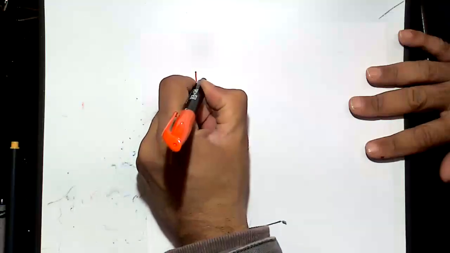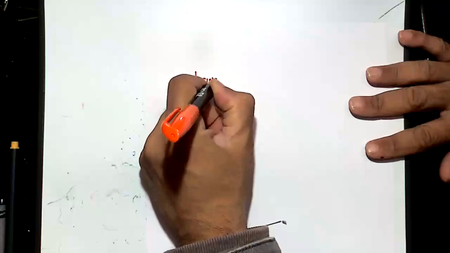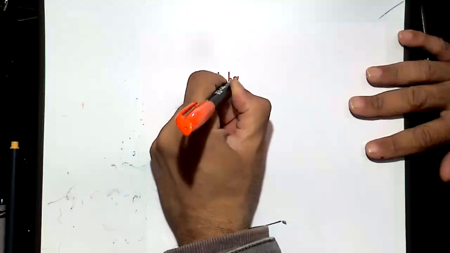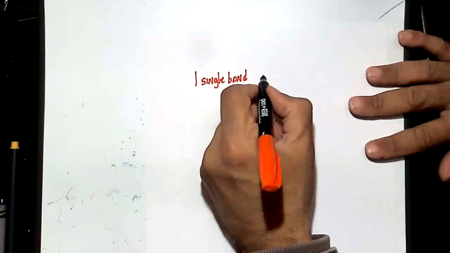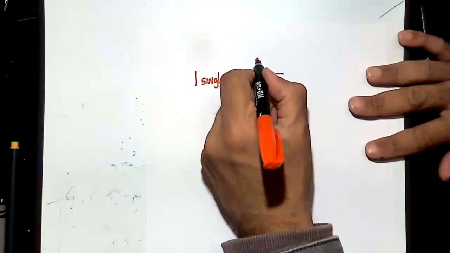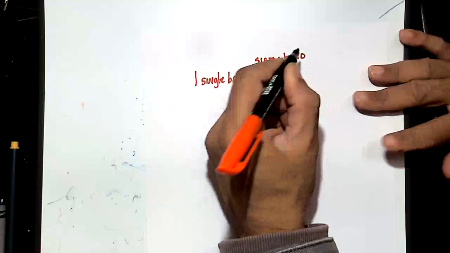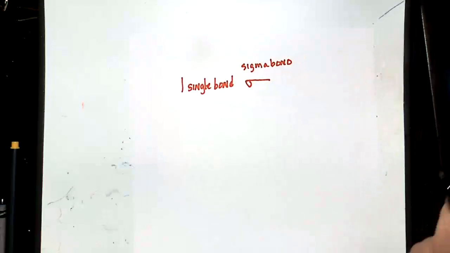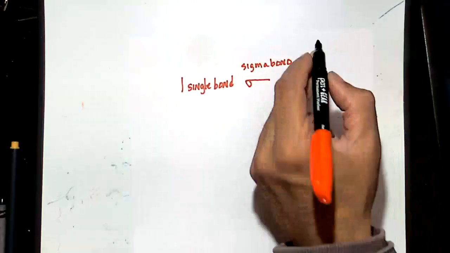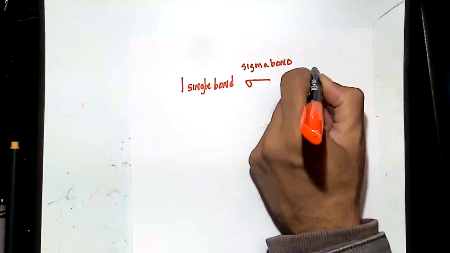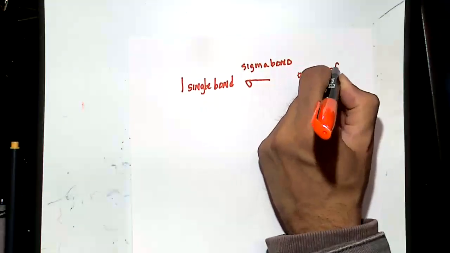So if you have a single bond, okay, this is called sigma. And it is an overlap of s orbitals.